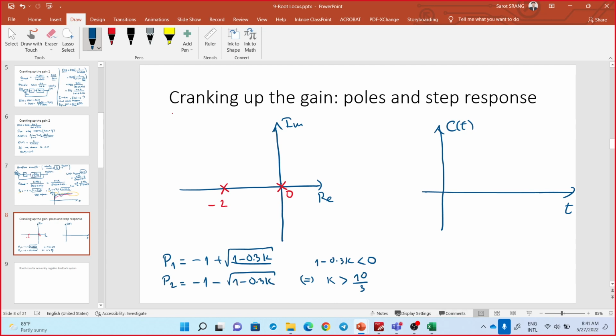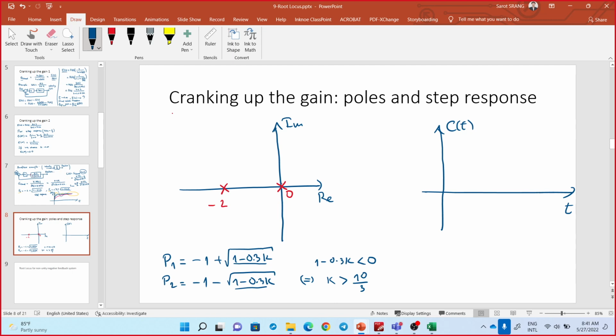So I increase k from 0 to 10 over 3, and the value under the square root is still positive, so we still get real numbers.